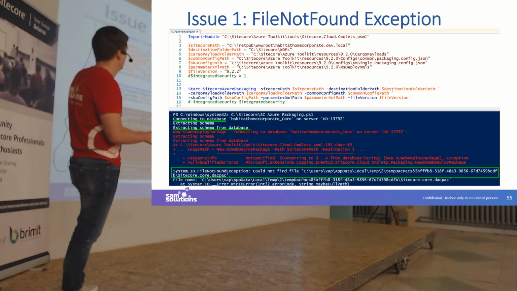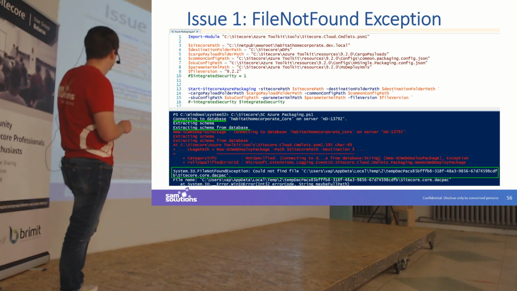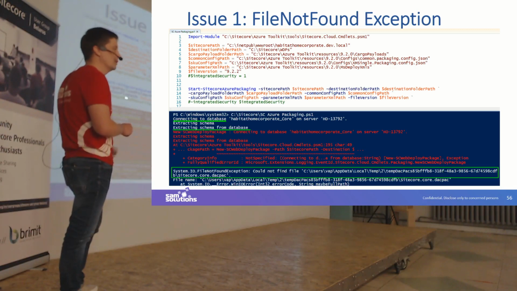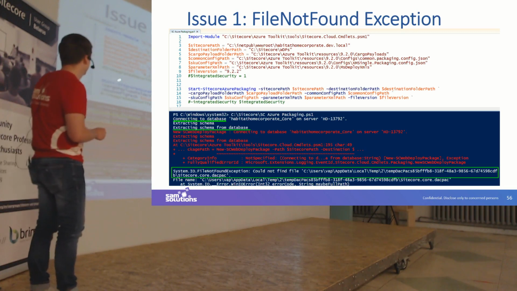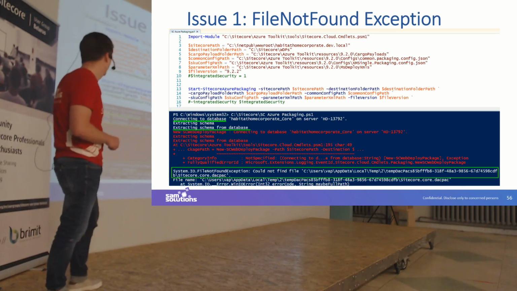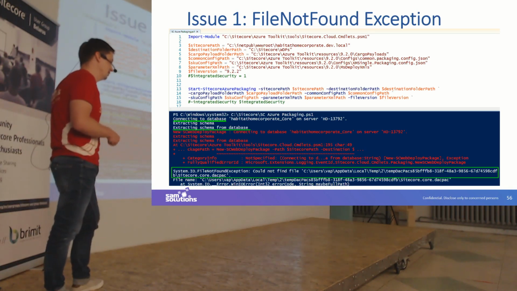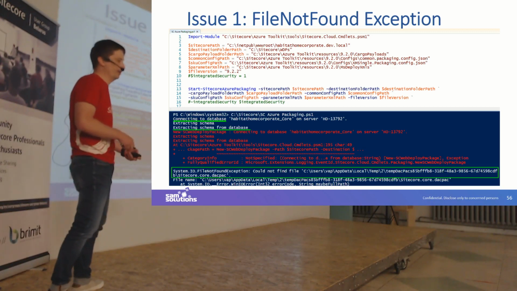This is a file not found exception. And as you can see in my screenshot, I omitted one parameter. This is an optional parameter, but this parameter killed me. This is the integrated security parameter.